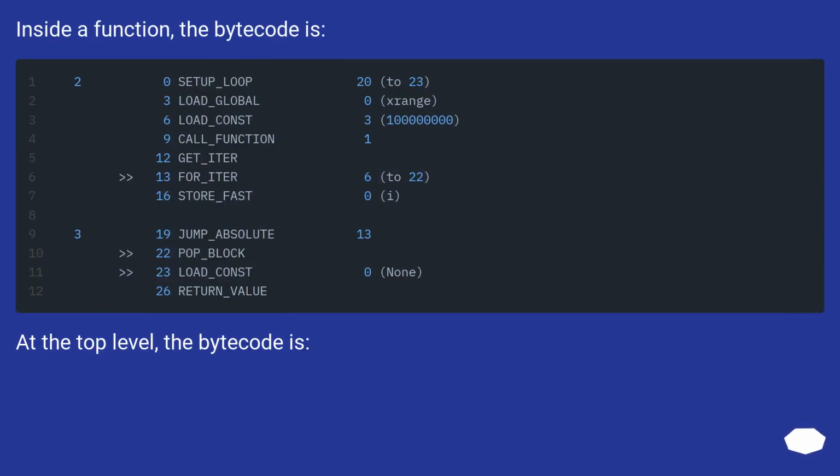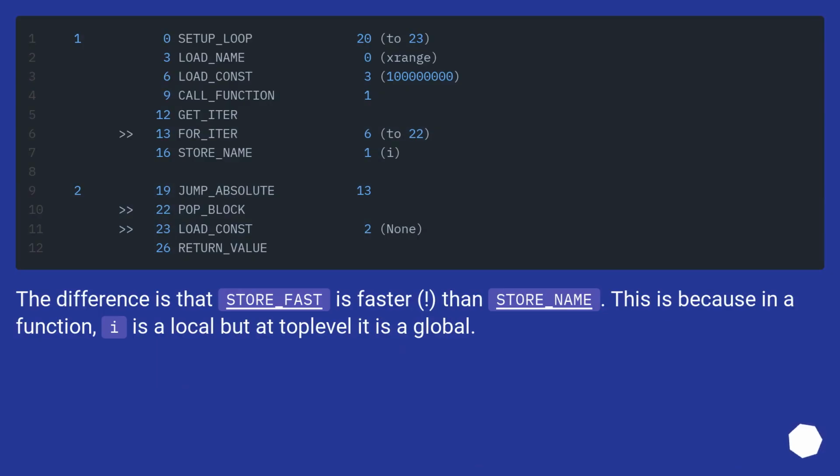Inside a function, the bytecode is... at the top level, the bytecode is... The difference is that STORE_FAST is faster than STORE_NAME. This is because in a function, i is a local but at top level it is a global.